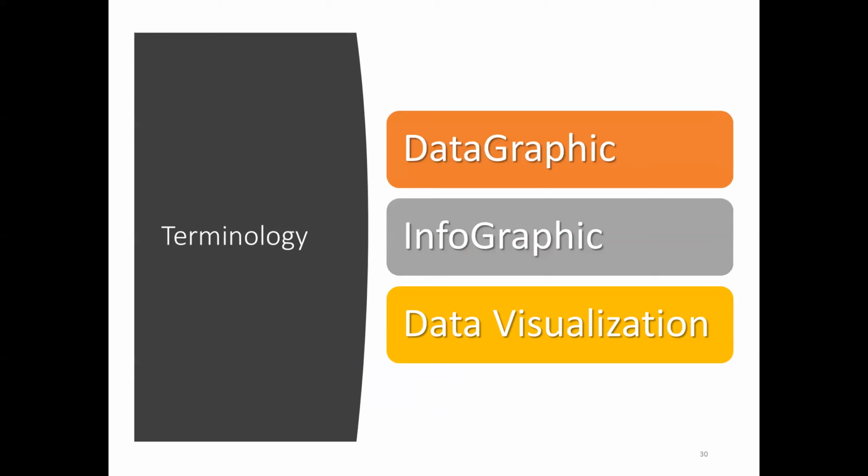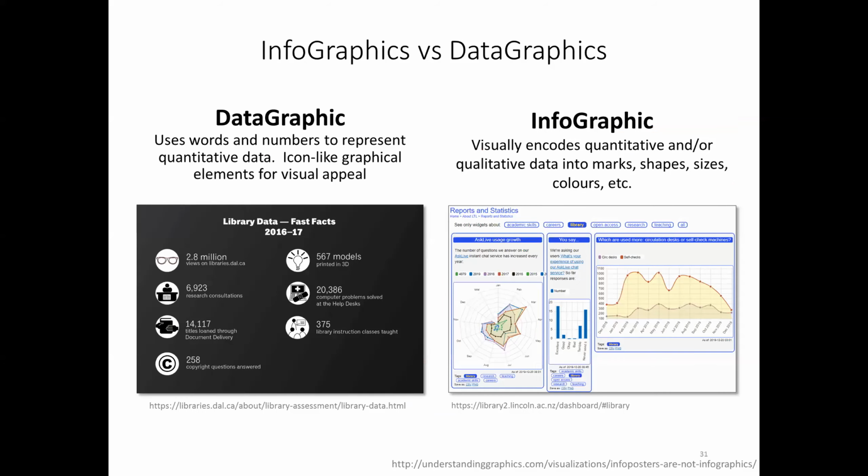So just a little bit of terminology you might have seen out there. I'll talk about what a data graphic is versus an infographic versus a data visualization. A data graphic is where we're using words and numbers together to show some data. We're probably adding icons to help ease understanding. We're doing some design to represent this data. We're picking very carefully what we're showing, but we're not doing a lot of visualization.